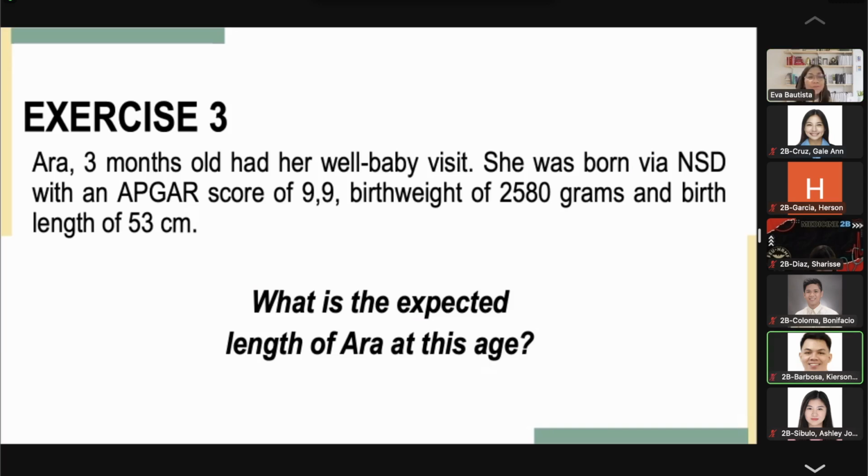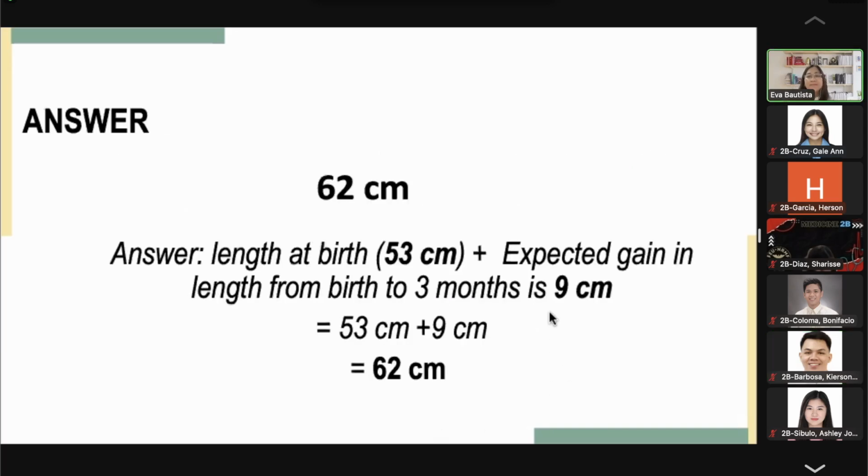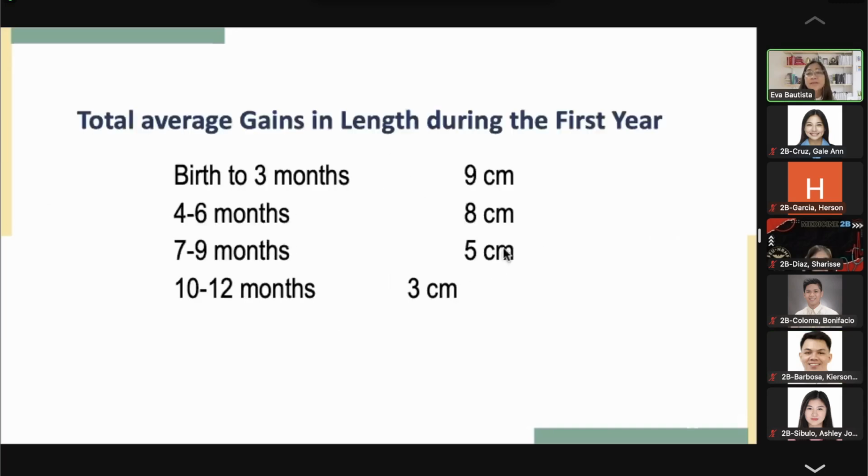Yes, thank you. 62. Okay. As was shown to you earlier, this is the expected increase. First 3 months is 9 centimeters. So that's also equivalent to 3 centimeters per month during the first 3 months. Okay. And the same with the others.